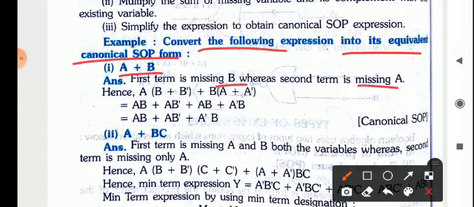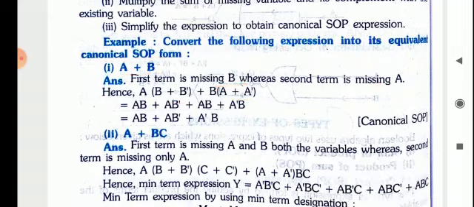It says that it has to be multiplied with the missing variable, non-complement and the complement part, and it should be a sum also. So, A into B plus B complement, and here A was missing, so it will be multiplied with A plus A complement. Now, solve it further.